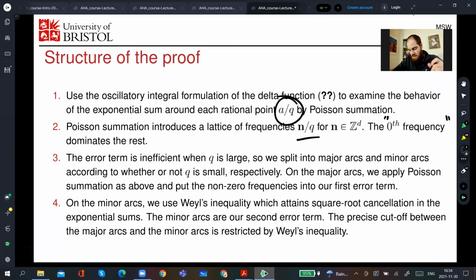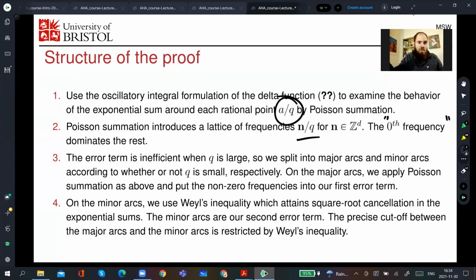Okay. As before, since we're only using an arbitrary smooth function and not a Gaussian that has the best localization in frequency space and regular space, or sorry, in phase space, we are going to have to end up splitting into major arcs and minor arcs.